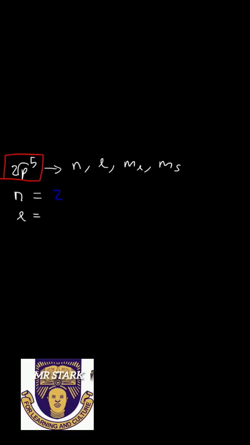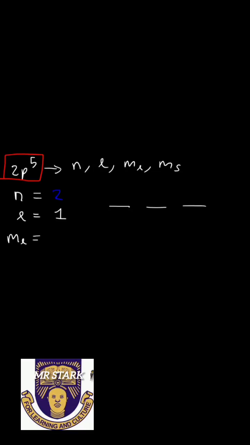L is based on the sublevel p. Now if you recall, s has an L value of 0, p has an L value of 1, d has an L value of 2, and f has an L value of 3. So L is 1. Now we need to find the mL value. So what you want to do is draw the orbitals that are found in the p sublevel. Keep in mind p has 3 orbitals.